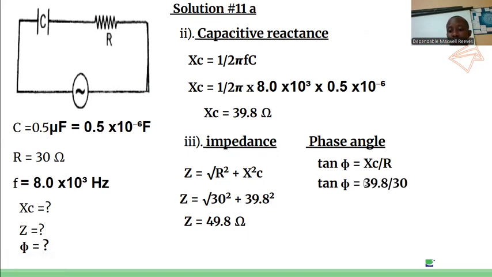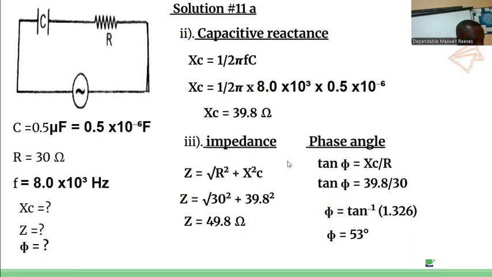Replacing these values, we have 39.8 divided by 30, which gives 1.326. Taking the inverse tangent of the value, we have our phase angle to be 53 degrees. So this is the answer.